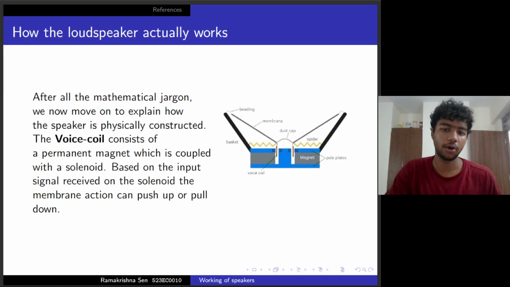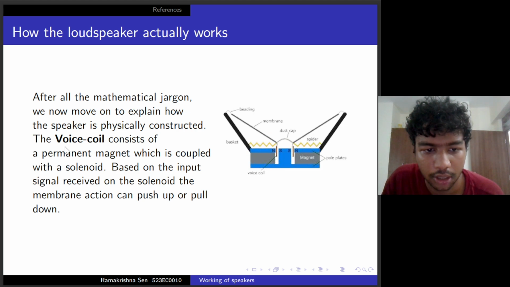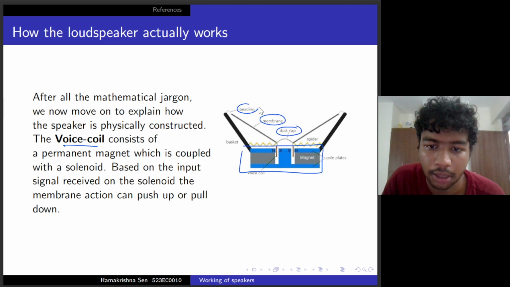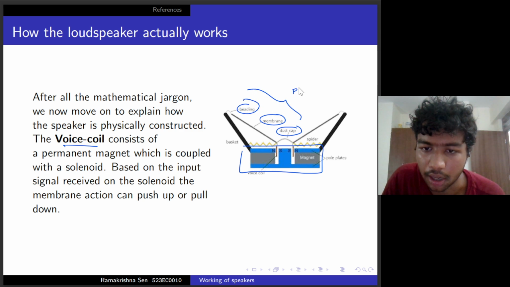So now we'll move on to the different construction steps and the different elements present inside. Briefly speaking, there's something called the voice coil, which is right here, this part. There's a dust cap, membrane, and the beading. These are the physical parts of the loudspeaker design. Then there's something called the frame.